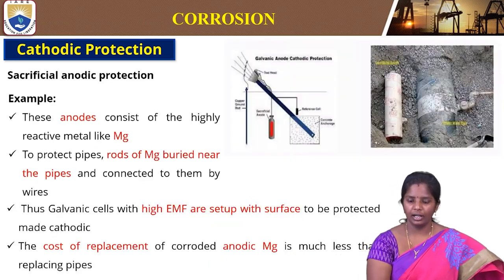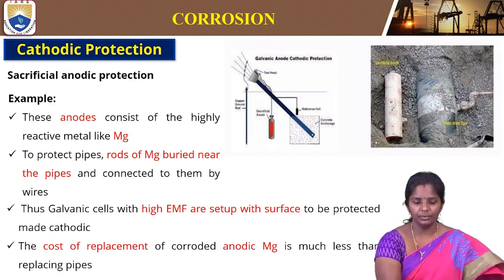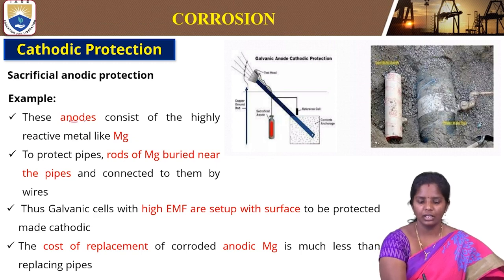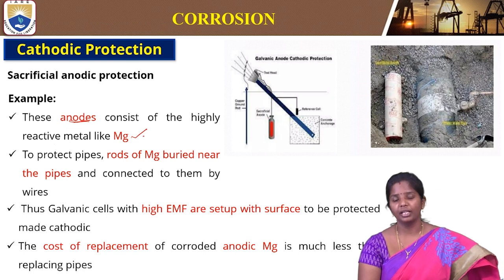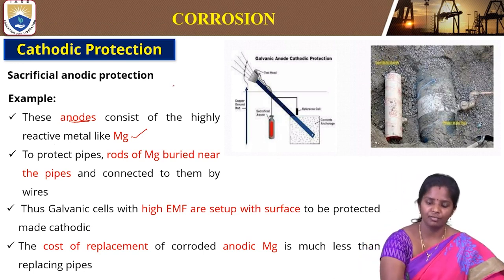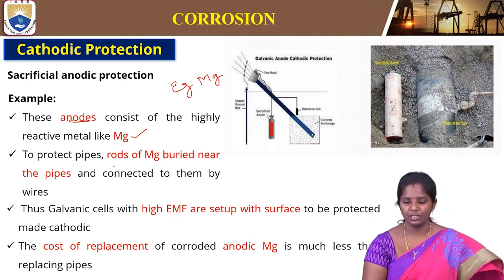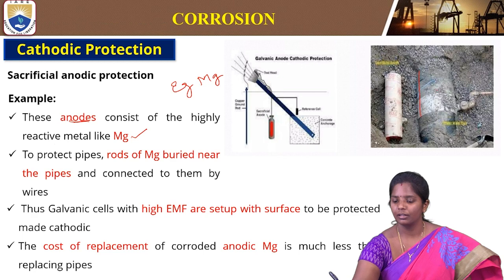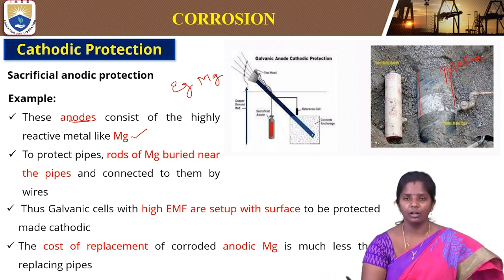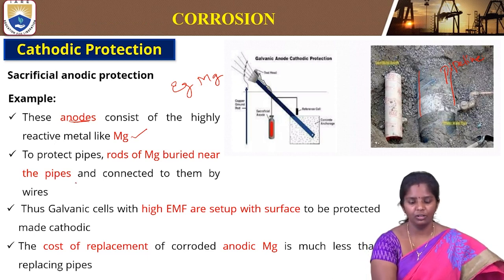One more example is anodes consisting of a highly reactive metal like magnesium. If magnesium is taken as an example, it is connected to protect pipes. For example, this is an underground pipeline, so we are using a magnesium anode for protecting this iron pipeline.